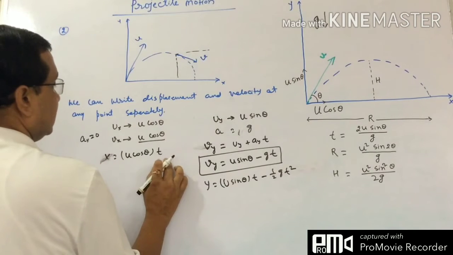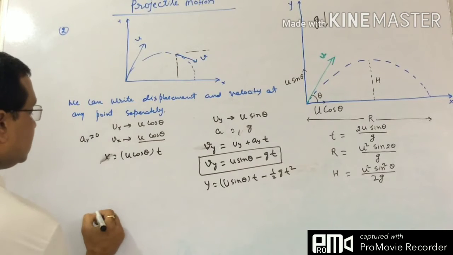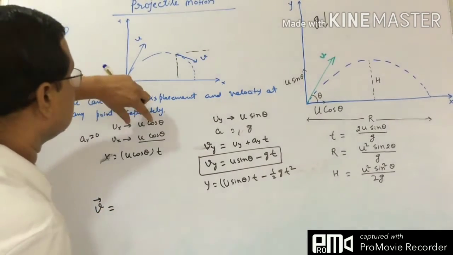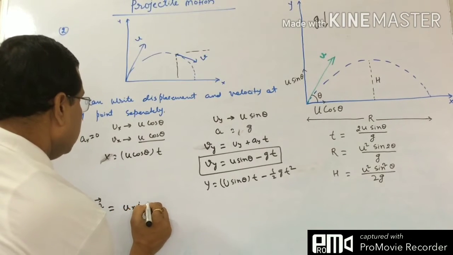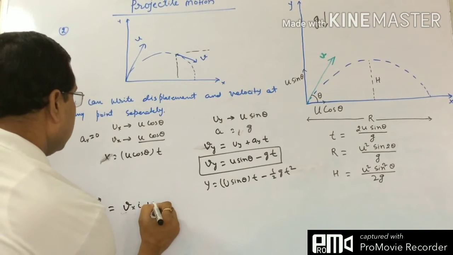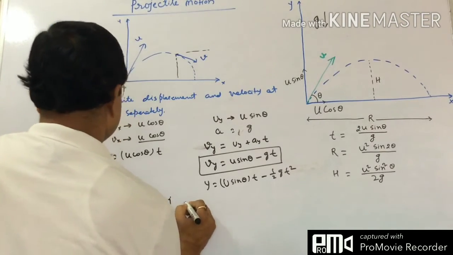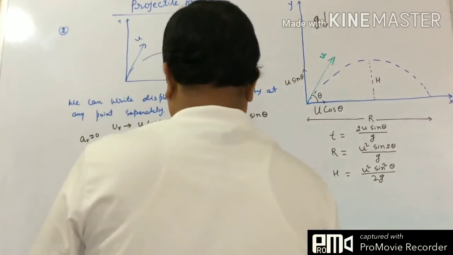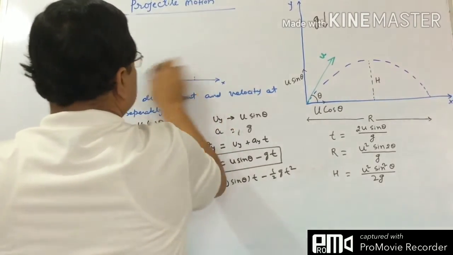So x is like this, vx is like this. So net velocity at any time t in vector form can be written as x component Vx into i plus Vy into j. Let's remove these things.